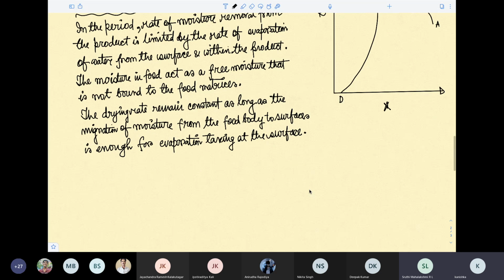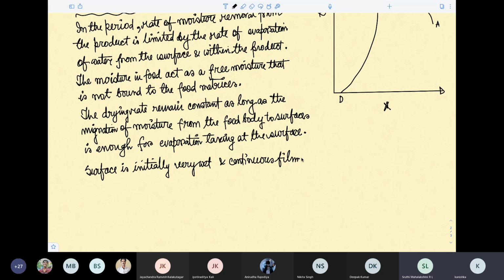So the surface is initially very wet, and a continuous film of water exists on the food surface.